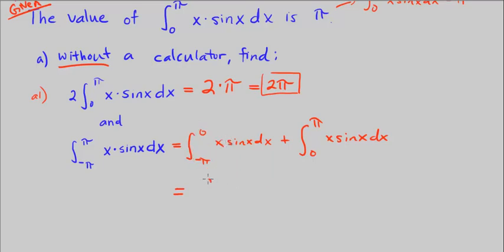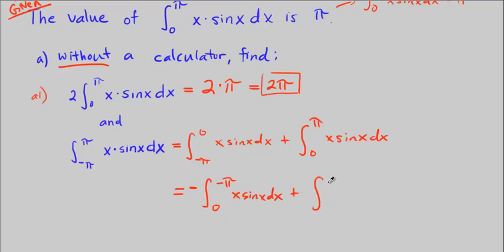If I change the direction, that's going to be from 0 to negative pi x sine x dx, and then I have to negate this, because I can swap these two and then make it negative.